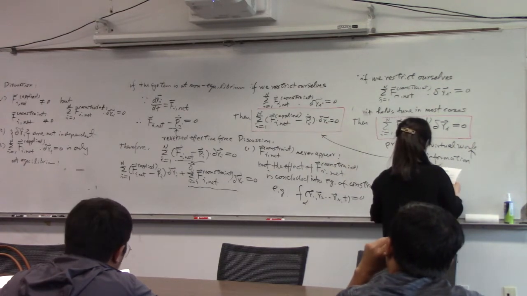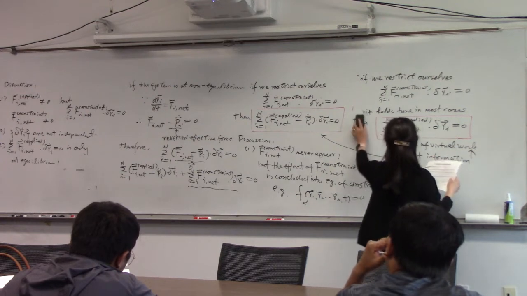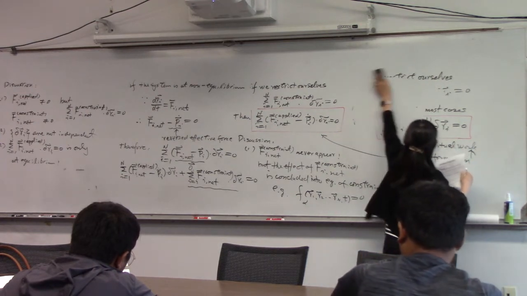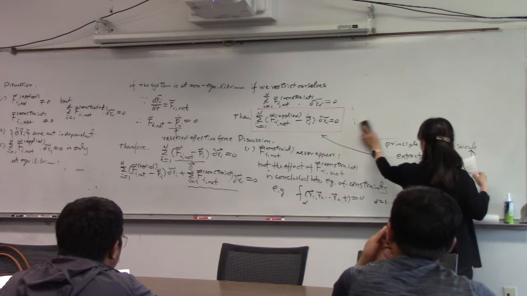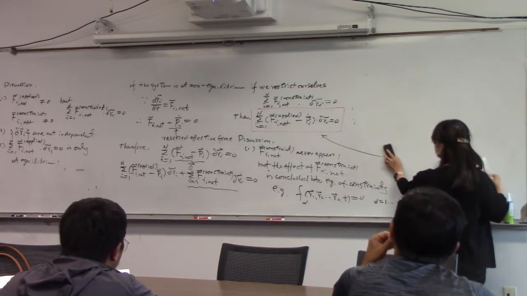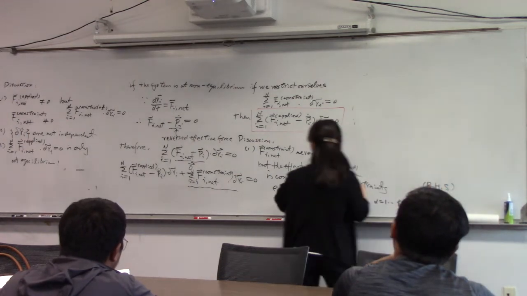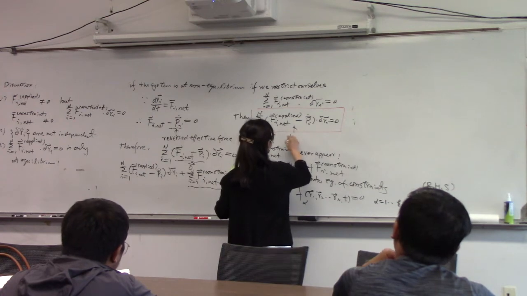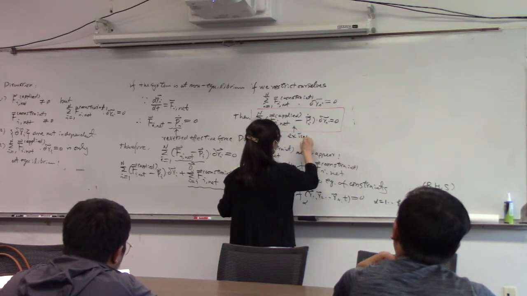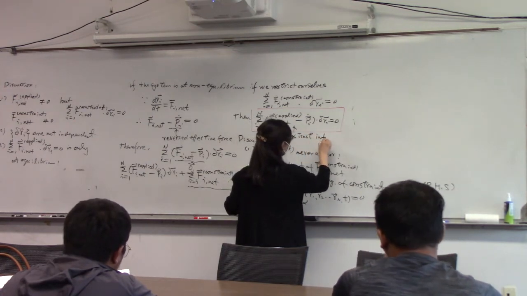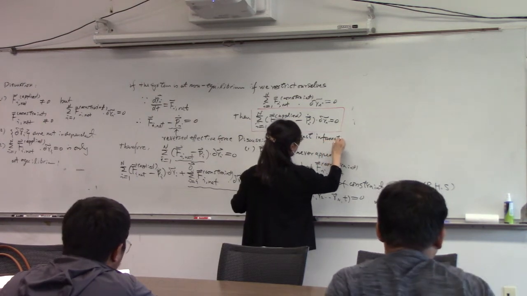Do not worry about that. Okay. Second, again, the delta r are not independent of each other. So we are going to extract information. Okay.